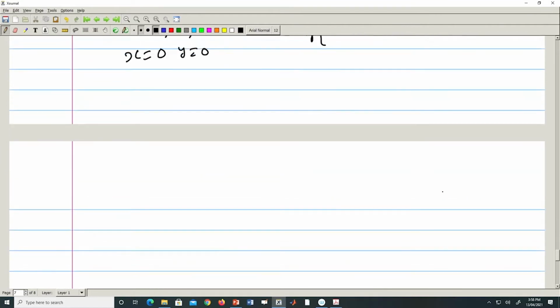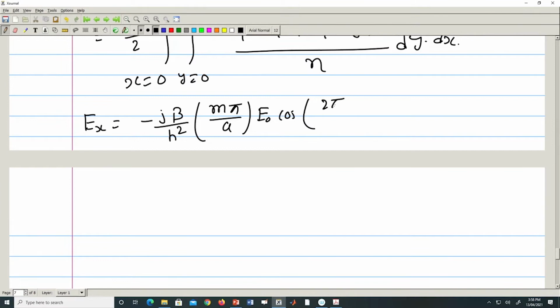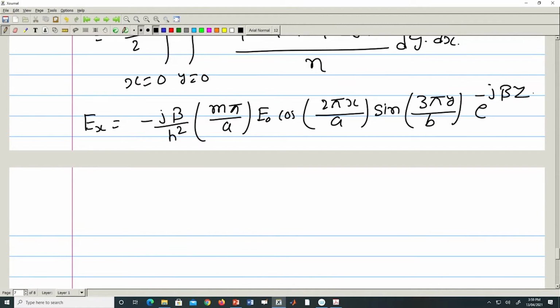Ex was minus j beta divided by h square, m pi by a, E naught cos of 2 pi x by a, sin of 3 pi y by b, e to the power minus j beta z, because this is for the propagating mode.